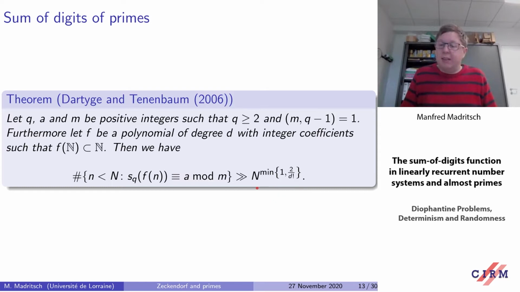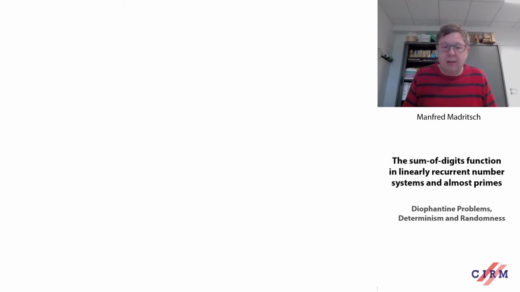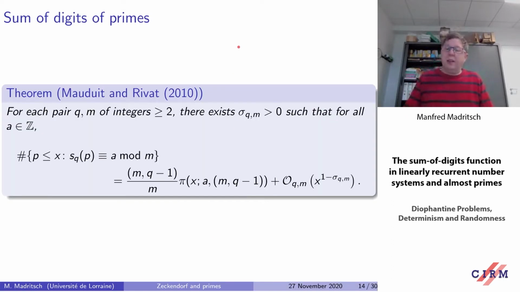And this was one of the first results with polynomials, and in 2010, Madritsch and Rivard could show that the sum of digits over the primes is well distributed in residue classes.